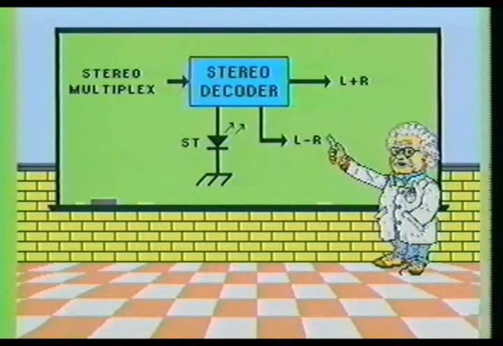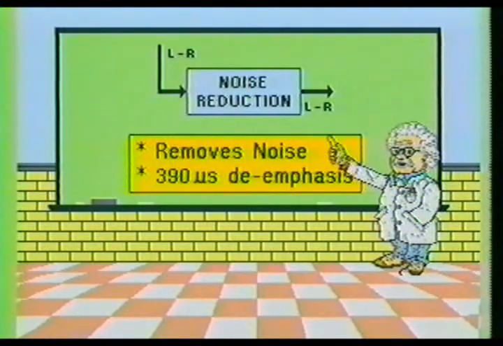When a stereo broadcast is transmitted, the stereo decoder extracts the stereo information from the MTS audio and provides separate left and right outputs and a composite L+R signal. Most stereo decoders will activate a stereo indicator to advise you that the program is in stereo. The noise reduction stage takes the L-R signal and removes the noise while providing de-emphasis at 390 microseconds.